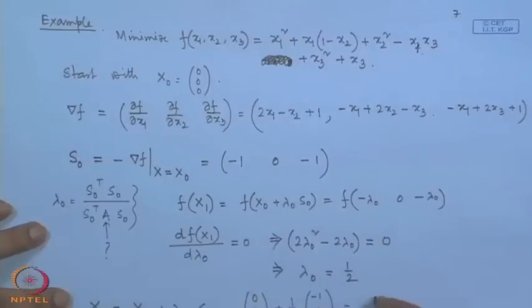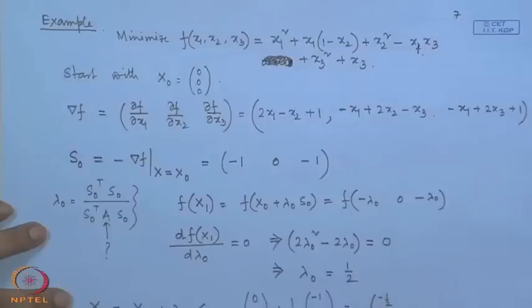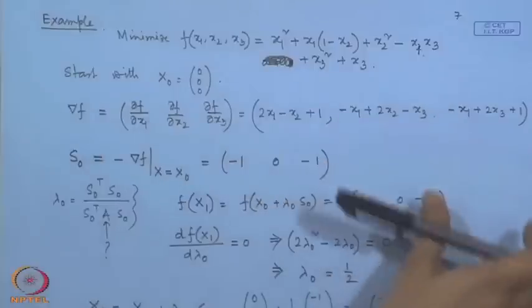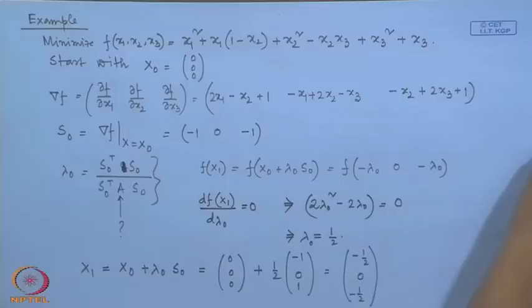That is why my point would be minus half, 0, minus half. This is my x1. And if I apply the same technique in the next step, what do we get?